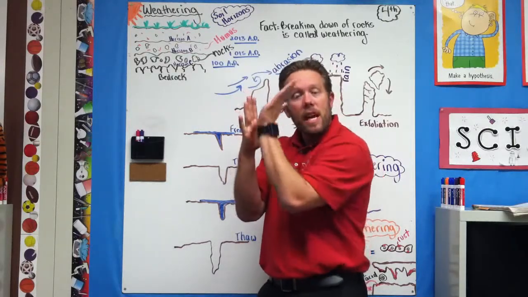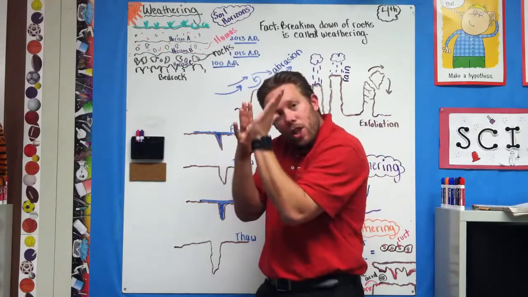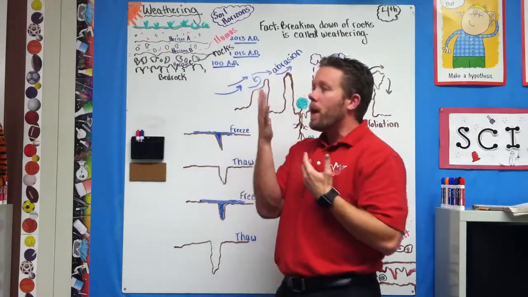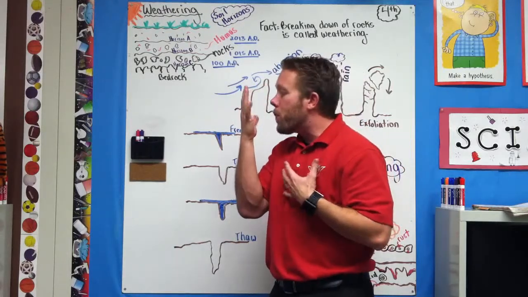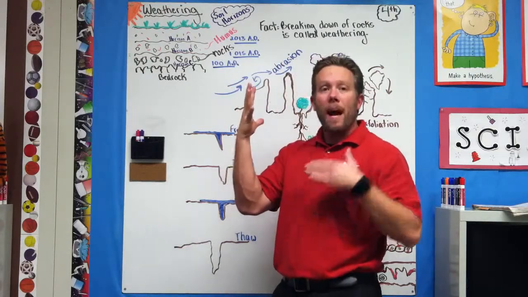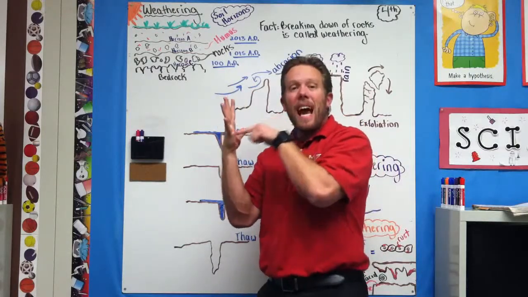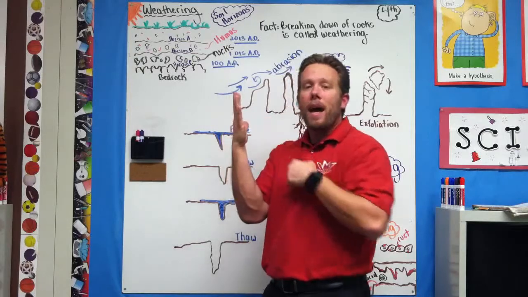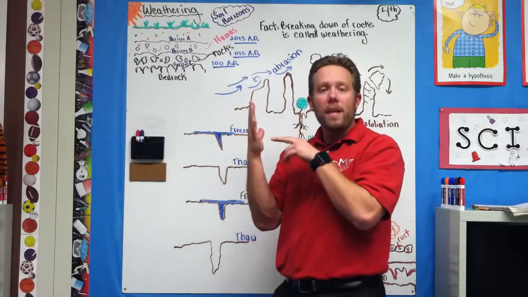You may even see a small little indention like this because my wind, my air, you can actually feel it on my hand. There is something actually physically touching my hand when wind hits it.